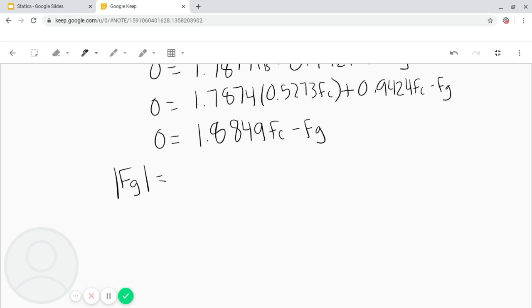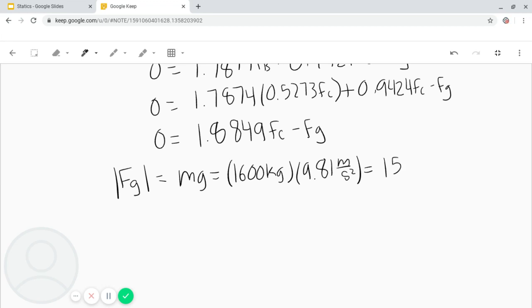So Fg equals mg equals 1600 kilograms times 9.81 meters per second squared, which is all equal to 15,096 newtons.